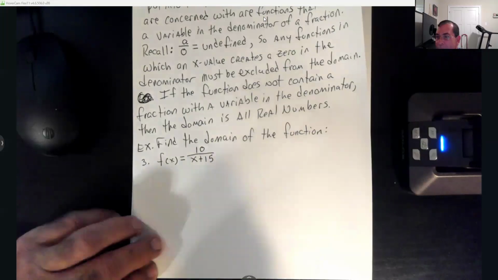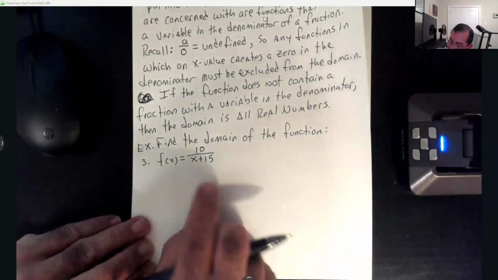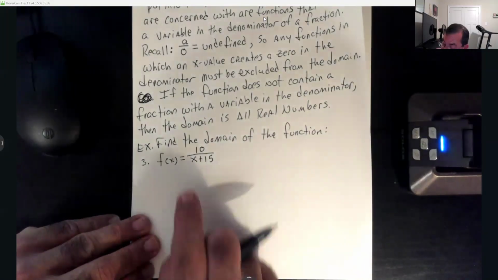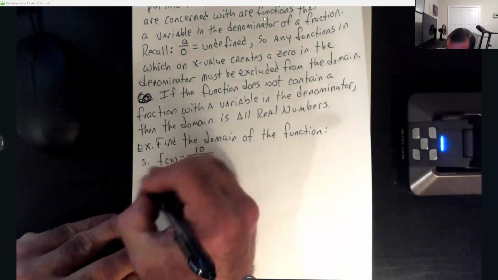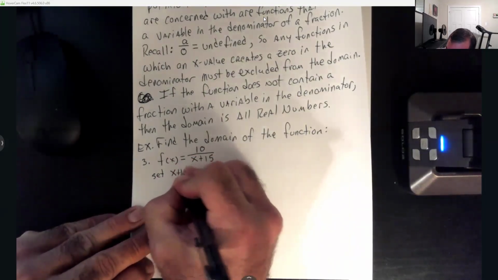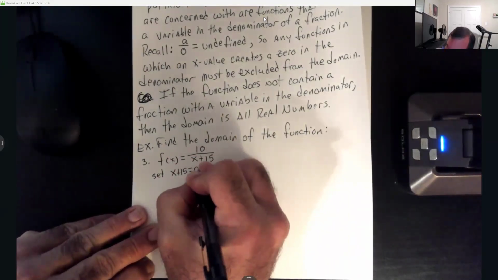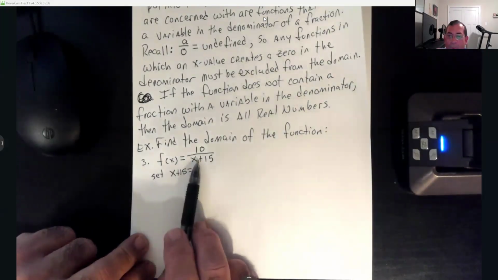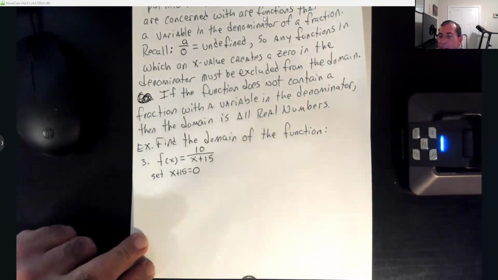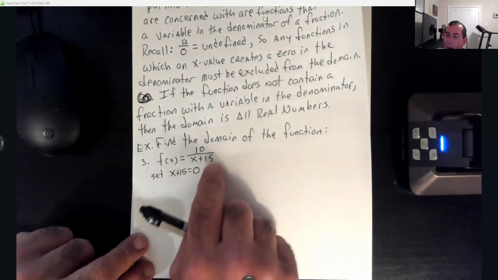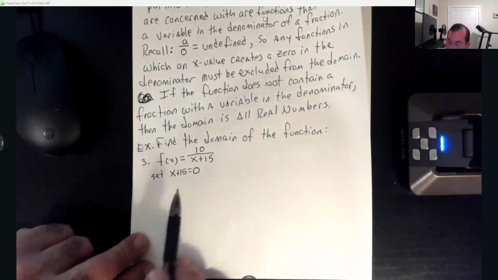And that number will get kicked out, okay? Now, it's easy to tell on this what that number probably is, but technically what you would do, you would set the denominator only, set that denominator equal to 0. We don't care about the top. The top can be 0, the top can be any number we want. The bottom's what we're concerned with.